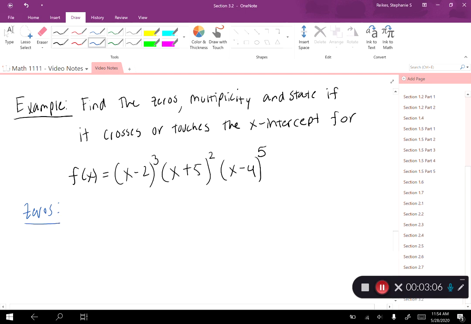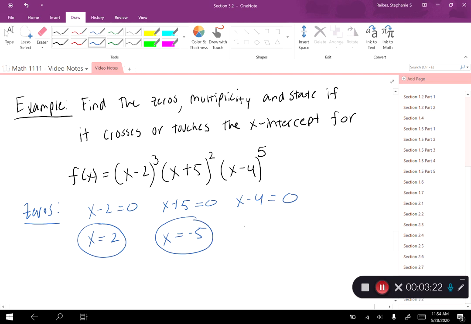To find the zeros, set each expression equal to 0 and solve for x. Adding 2 to both sides, I get x equals 2. Subtracting 5 from the other side, I get x equals negative 5. And adding 4 to the other side, I get x equals positive 4. So 3 zeros in this problem.